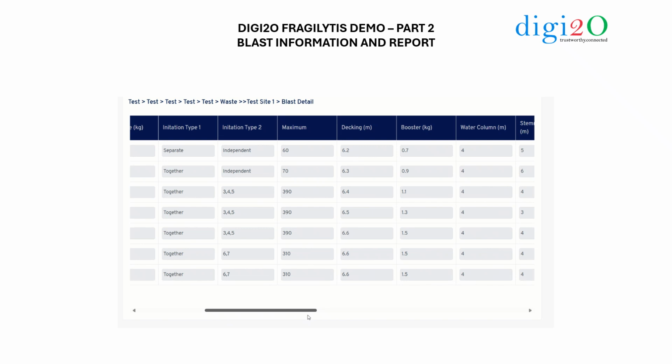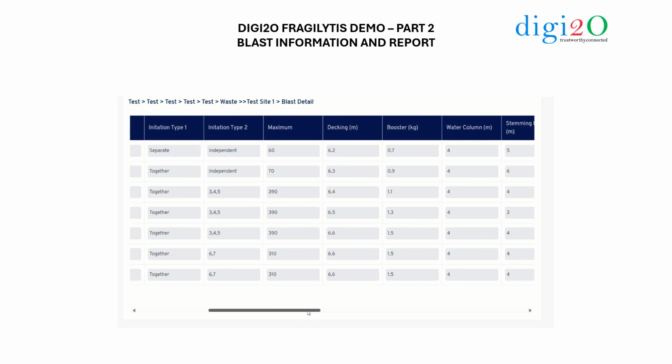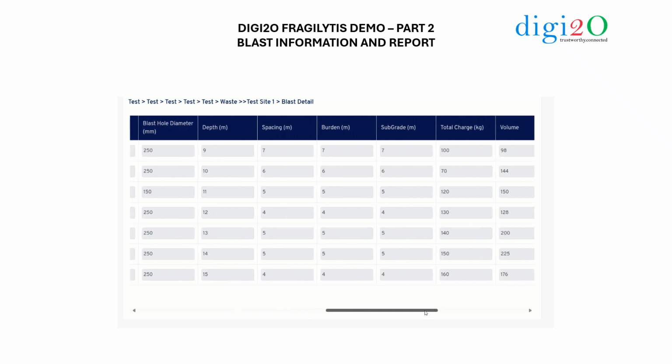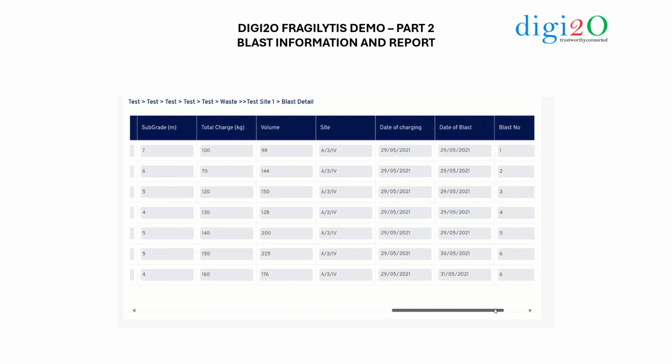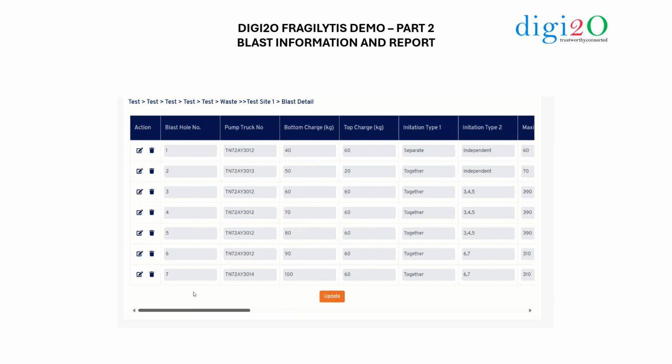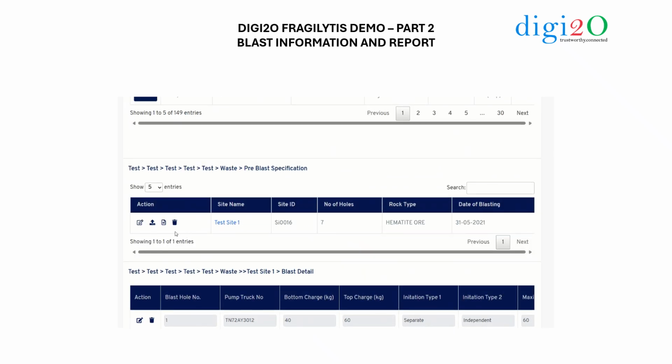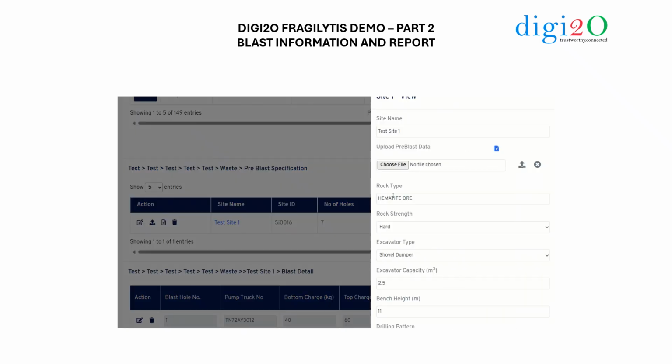These make more sense to people in the mining area who deal with mining blasts than to people like us who are software developers. You can see there is so much information that is added prior to the blast, and this can be updated from there as well. You could also edit it by uploading an Excel file, which you can download as a template here, and add the data like rock type and rock hardness.